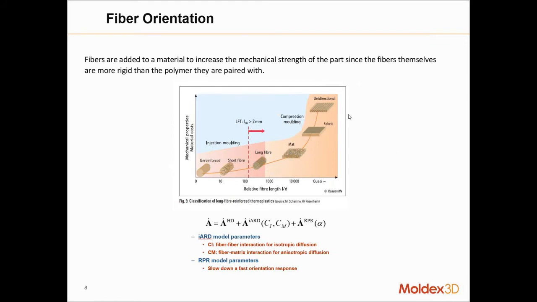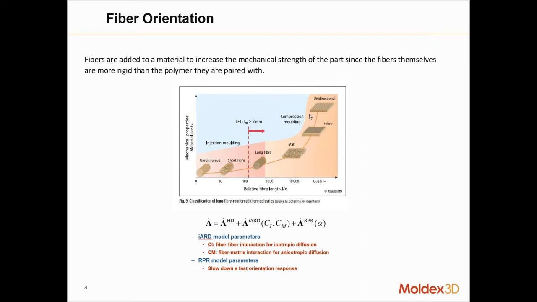So compression molding gives us a lot more consistency over the fiber orientation, but there are a lot of other complexities that are introduced into the compression molding process when it comes to actually either filling out a fiber mat or compressing a fabric sufficiently.